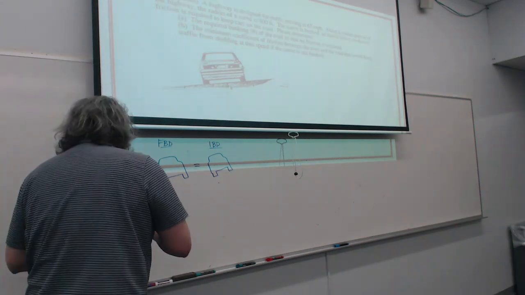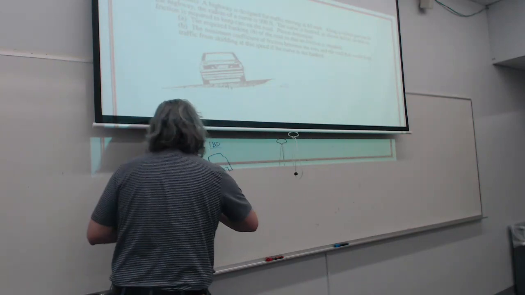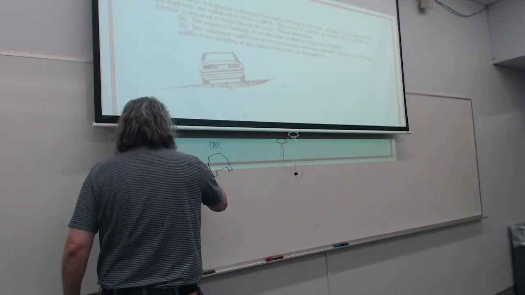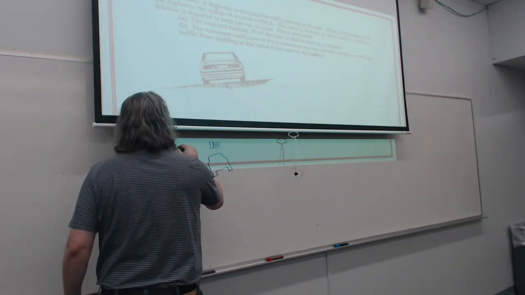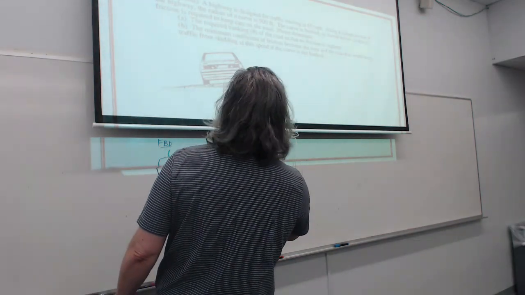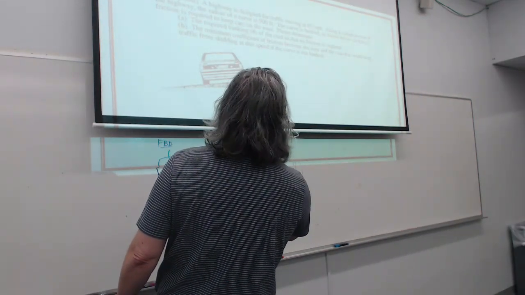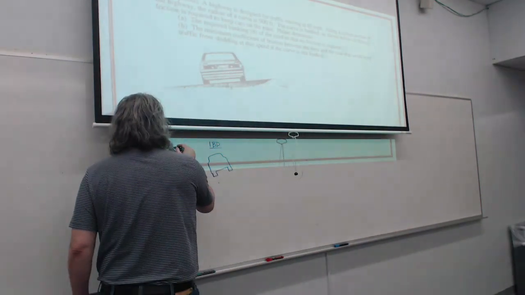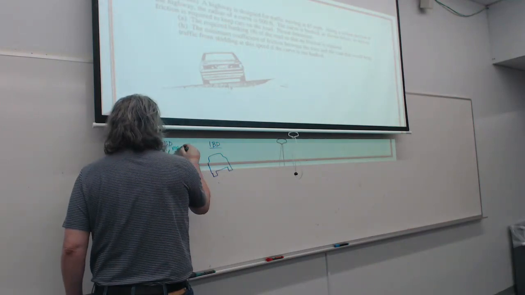Okay, so we can put the weight on here. We're getting points as we're going along here. And here's the weight. Did they give us the weight? I hope they did. No, they didn't. Interesting. Let's go mass times gravity.